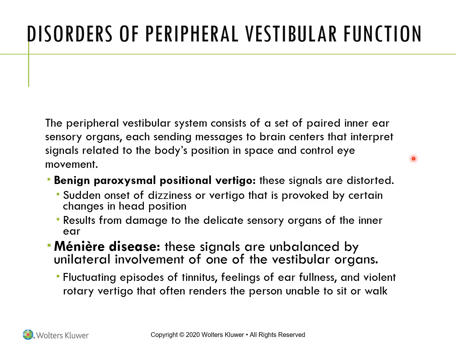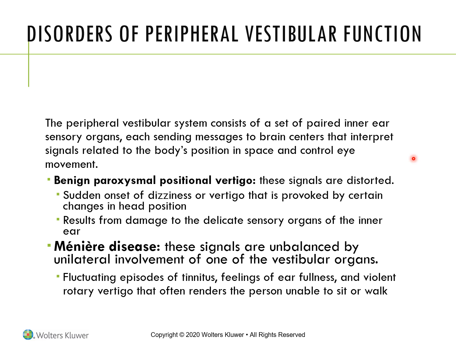We have what we call benign paroxysmal positional vertigo, where these signals that are normally transmitted are distorted. Patients with this disorder get a sudden onset of dizziness and vertigo that's provoked by certain changes in their head position. If they change their head position suddenly, they get this sudden onset of dizziness and vertigo. This is caused by damage to the delicate sensory organs within the inner ear itself.